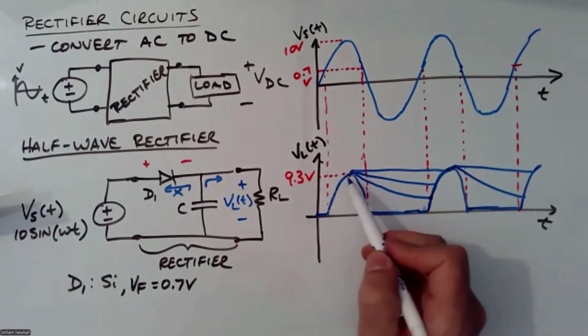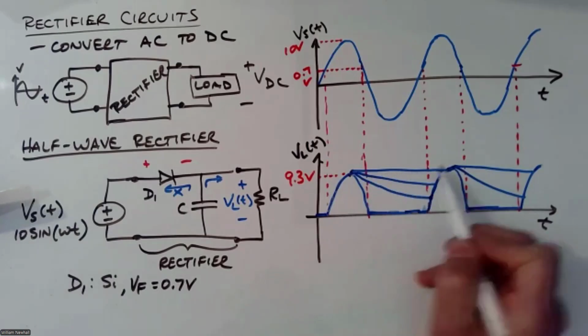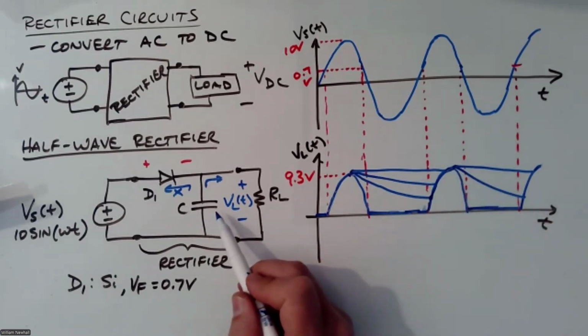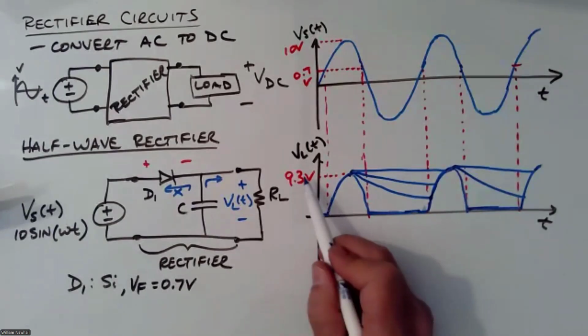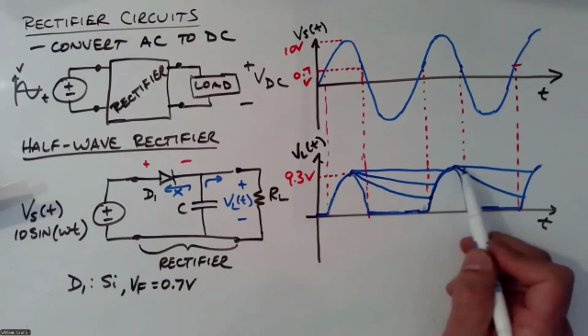So this is starting to look like DC right here. It looks fairly constant. We do have a little droop right here, but you can make this droop as small as you want by increasing that capacitor. So let's say this is 9.3 volts and you only want that to fall 0.1 volts or 0.01 volts.